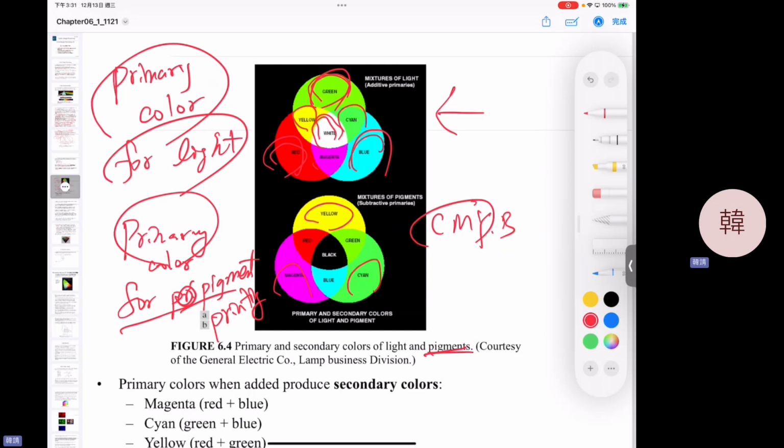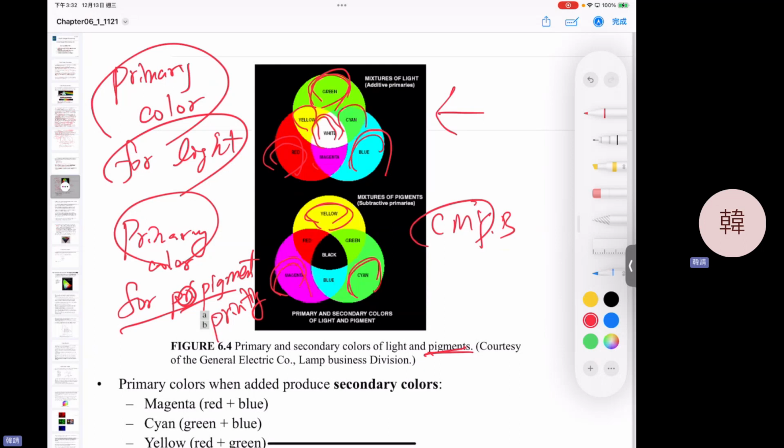So this, we call it the additive system. The other one is the subtractive system. So it's totally different. If you use primary colors for pigment, for printing, and you mix all these three colors together, say you have your color pen, and you put the yellow, magenta, and cyan primary colors in equal amounts and mix them together, you end up with black. That's your experience from when you were a kid.